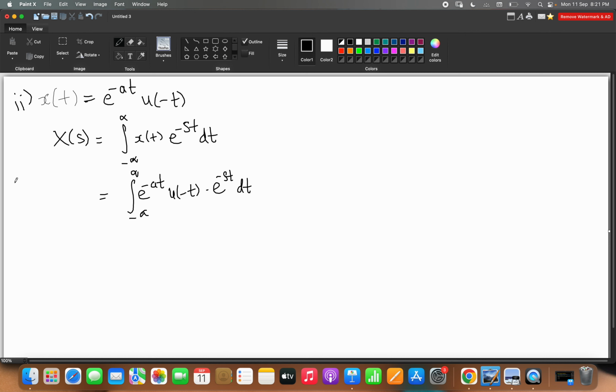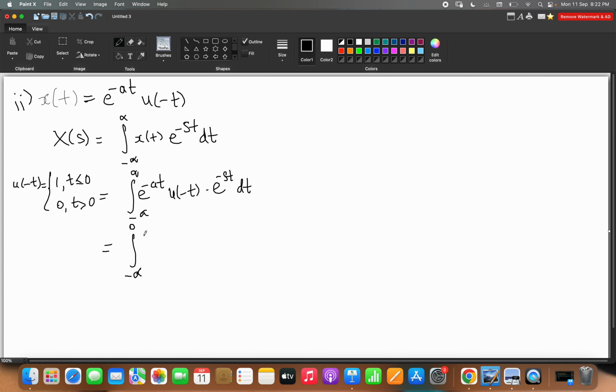Okay, you know u of minus t is nothing but the anti-causal version of the step signal. So which is equal to 1 when t is lesser than or equal to 0, and 0 when t is greater than 0. Okay, so here the useful range is nothing but minus infinity to 0.